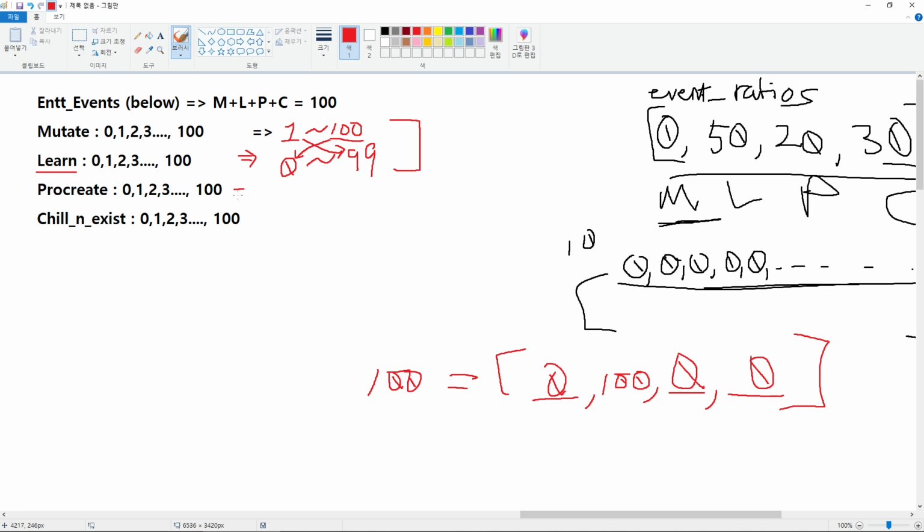For procreate, again, we're trying to find combinations of entity event ratios that all add up to 100, because I would like to keep it that way.